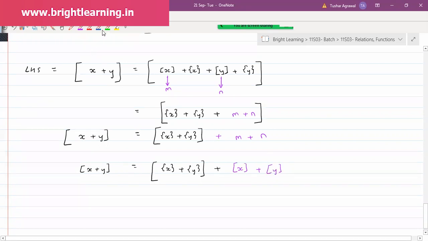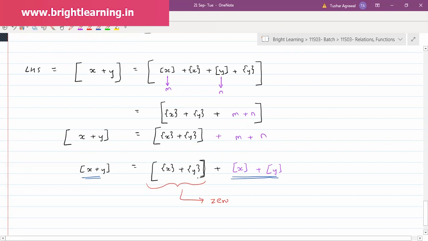If I want my LHS to be equal to only this much, my target is to bring this to be equal to 0. This should be 0, and this is step of something.